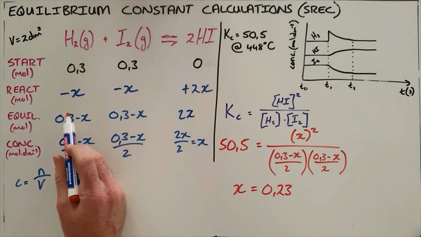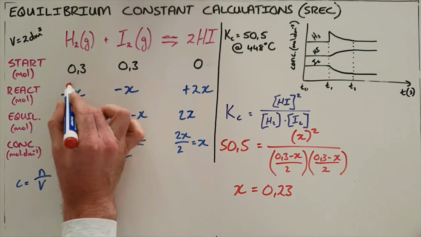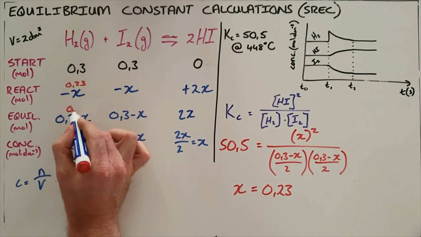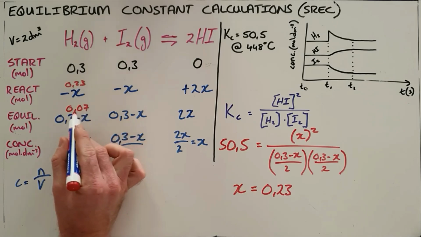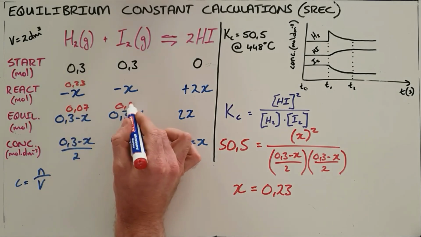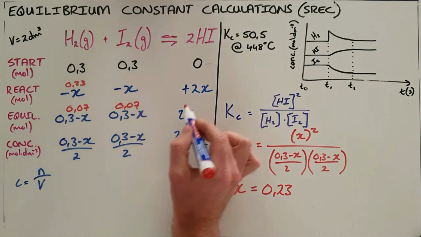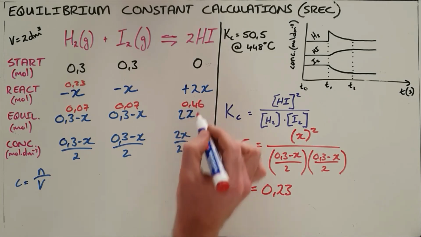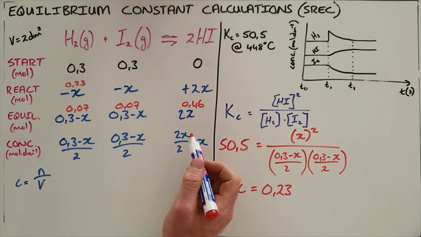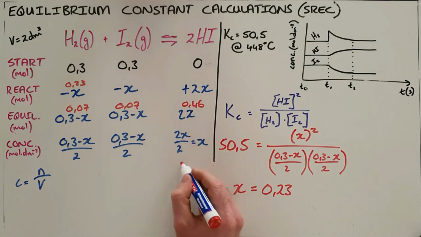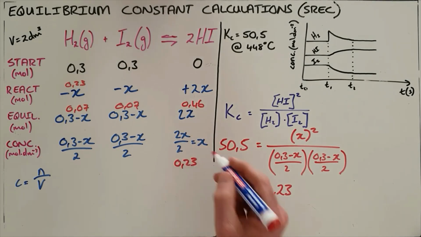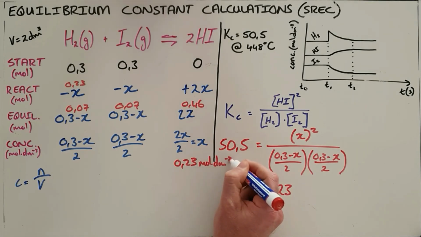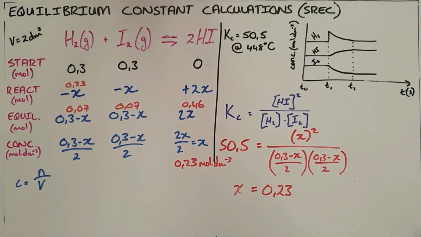What this now tells us is we can say, since we know that 0.23 moles of hydrogen reacted, that means that at equilibrium we must have been left with 0.07 moles of hydrogen, the same for iodine, and 2 times that, 0.46 moles of hydrogen iodide, and then obviously converting that into the concentration, ending with a concentration of 0.23 moles per cubic decimeter of hydrogen iodide.